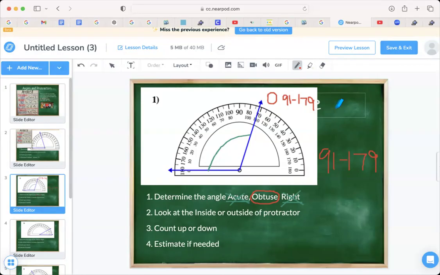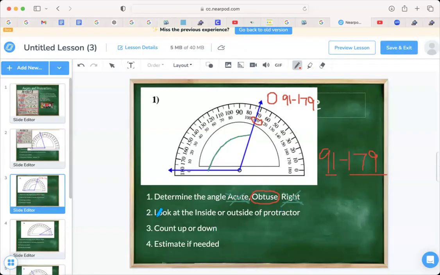The next thing I want to do is look to see if I'm counting on the inside or the outside of my protractor. There are 2 numbers that are touching, right? Will it be the 70 or will it be the 110? If you said 110, you are correct because obtuse is in between 91 and 179 degrees.